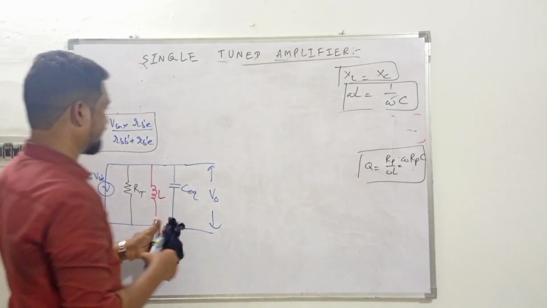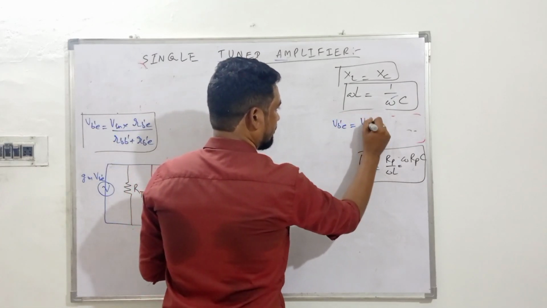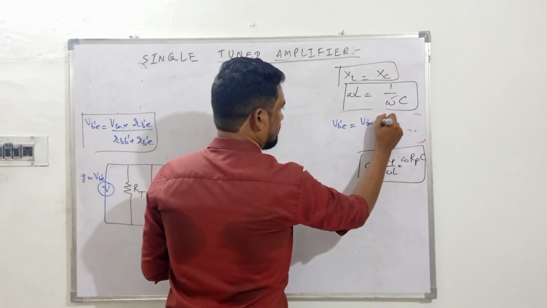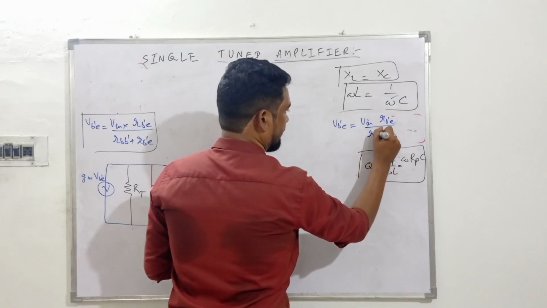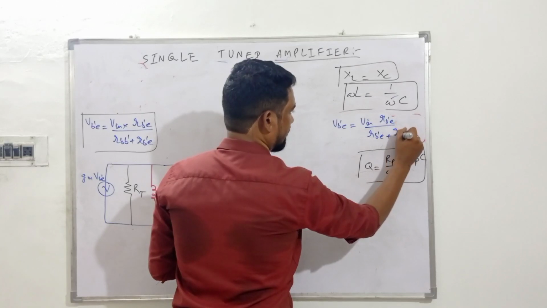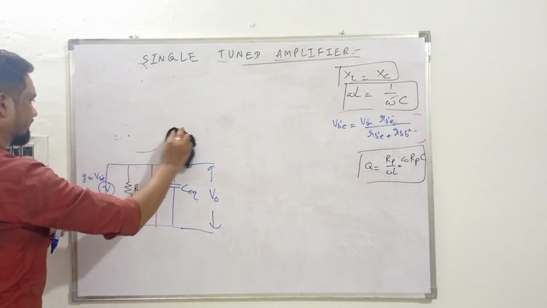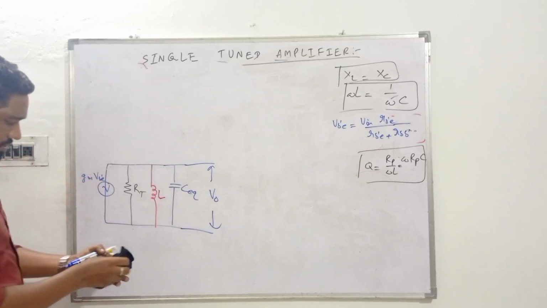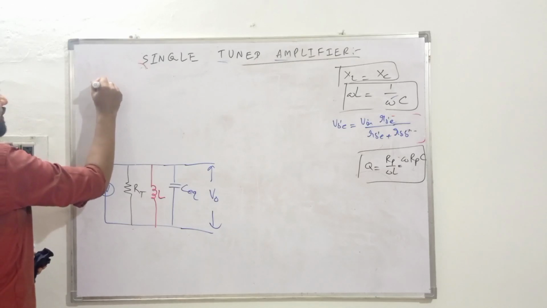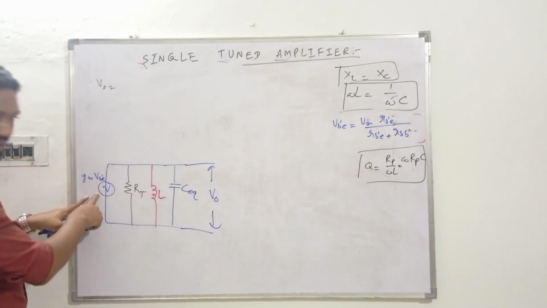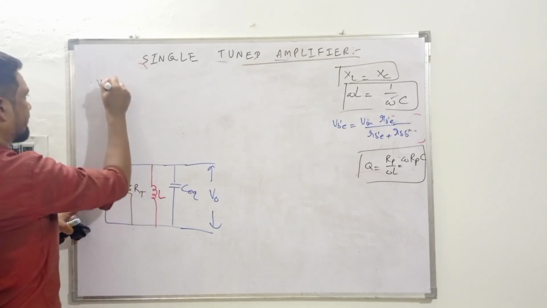We have that expression V B dash E is equal to V in into R B dash E by R B dash E plus R B B dash. So what is the expression for V naught? V naught can be written as a current multiplied with Z. What is that current?